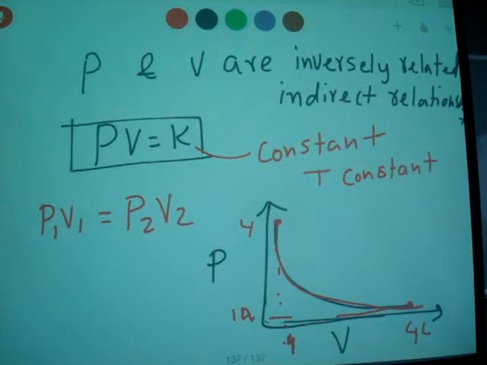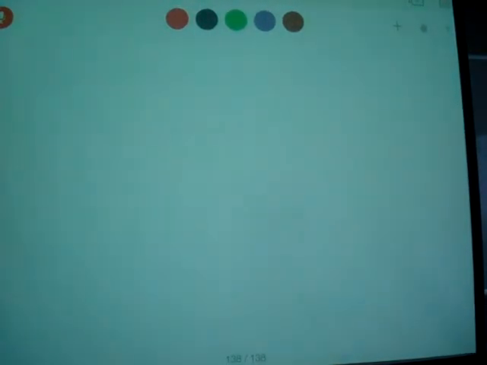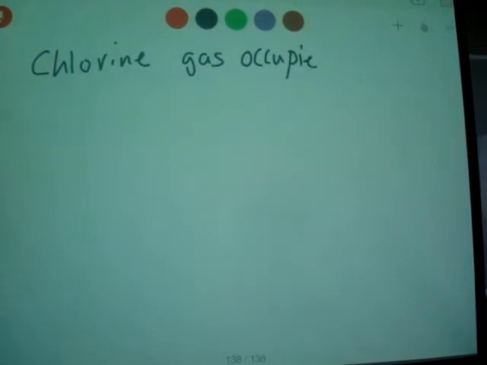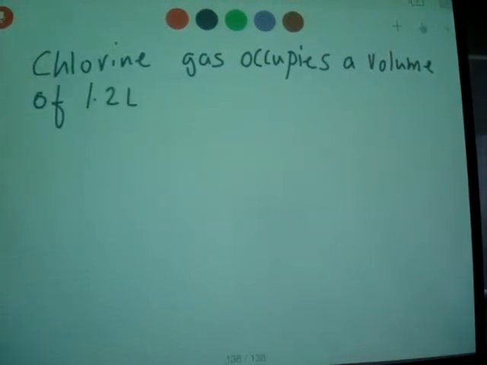Now let's work on one simple example of Boyle's law. Let's go to the next slide. Chlorine gas occupies a volume of 1.2 liters at 720 torr pressure.